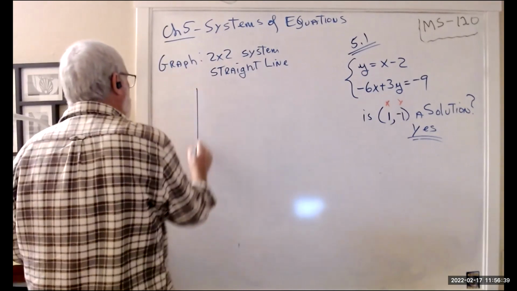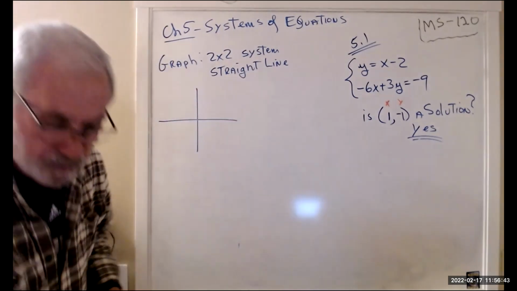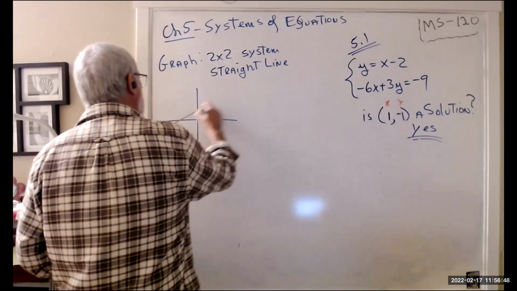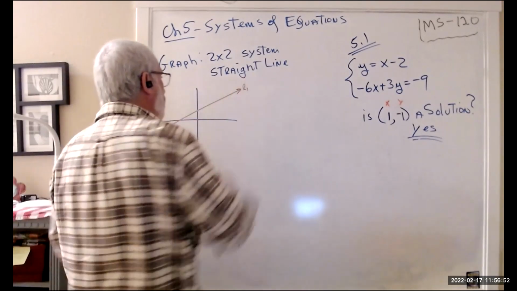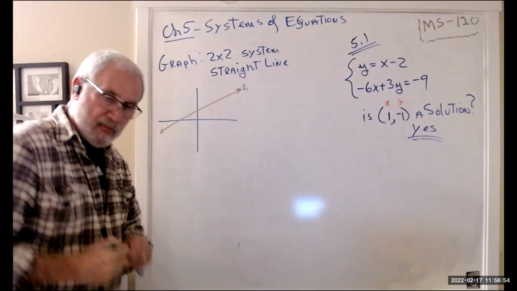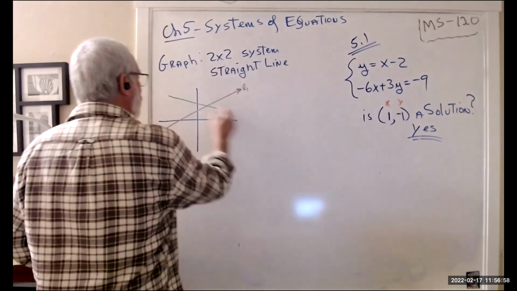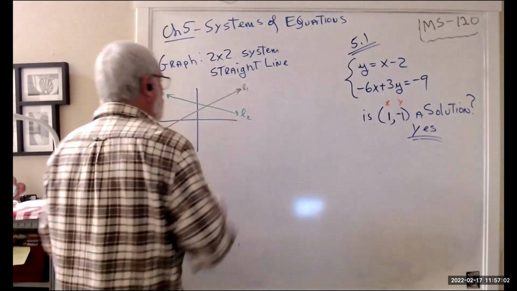If you graph the lines, one line could go this way. We'll call that line 1. A different line, the other line, could go this way. We'll call that line 2.